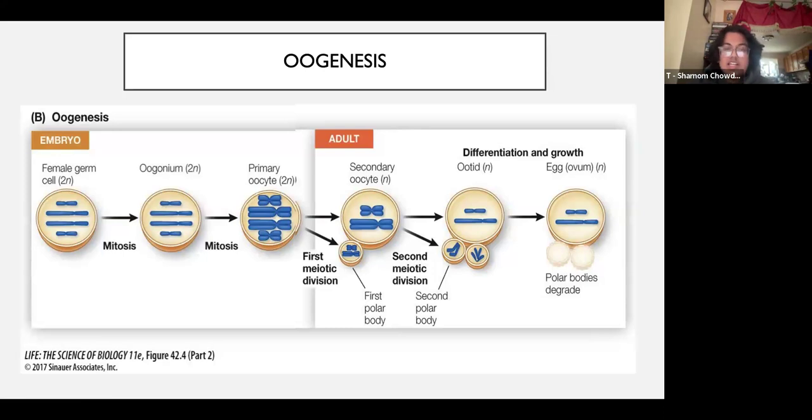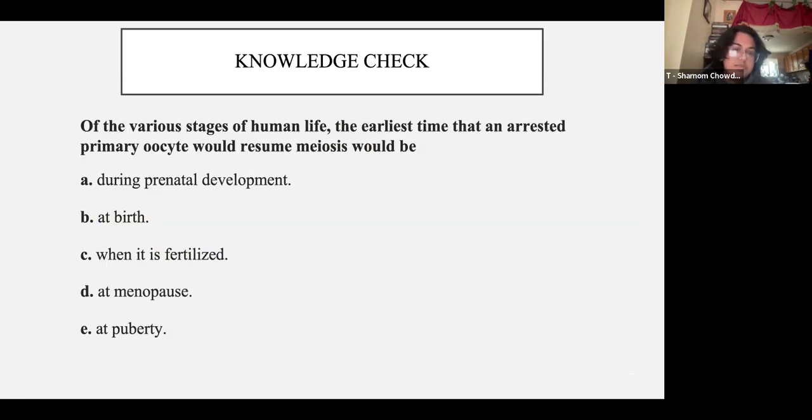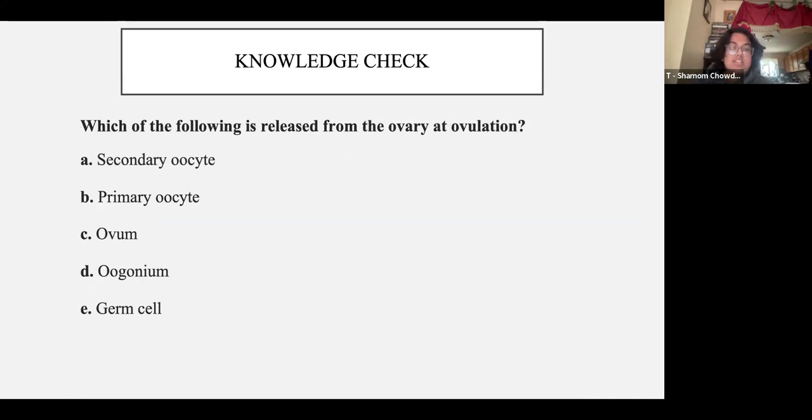When you go from primary to secondary, you go from 2N to N. And then lastly, which is released from the ovary at ovulation? Everyone's saying C, the ovum, which is the egg.